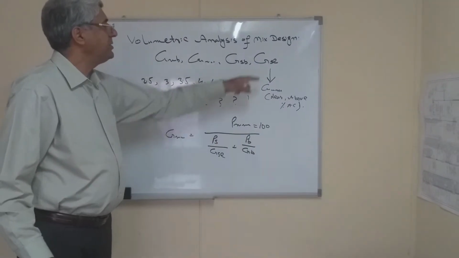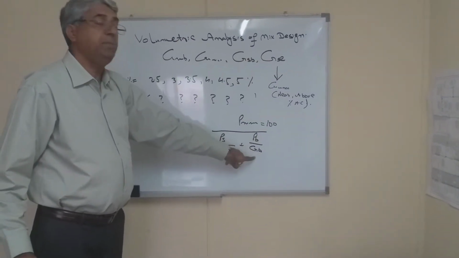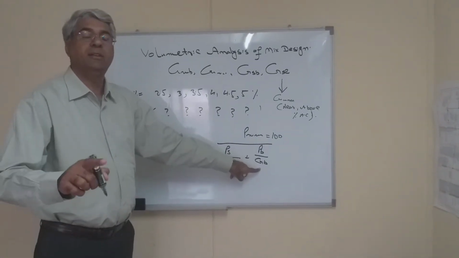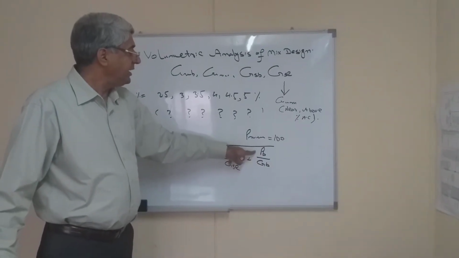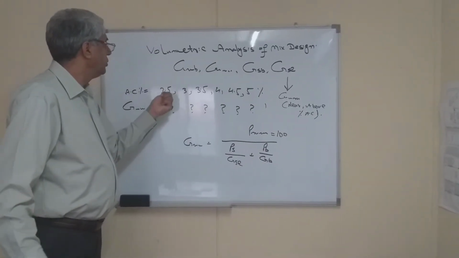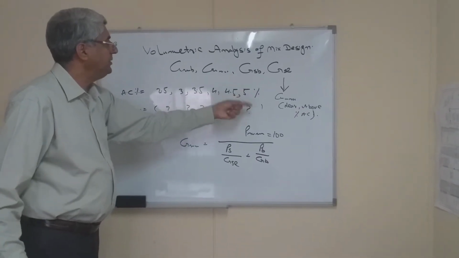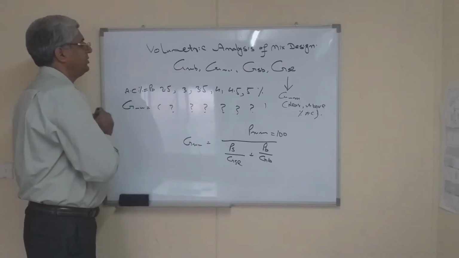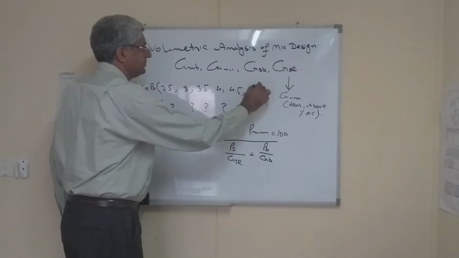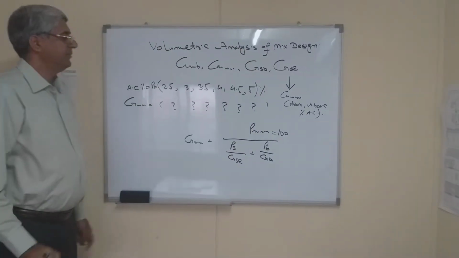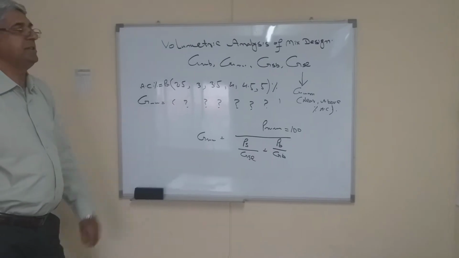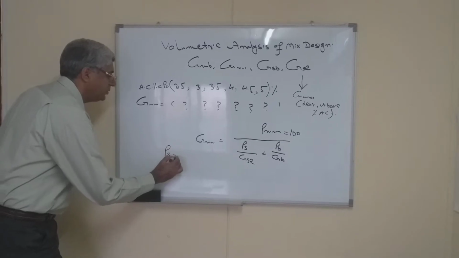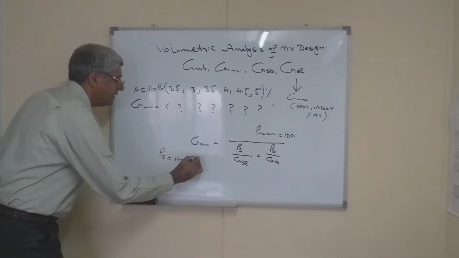This GSE, effective specific gravity, which we have determined. This GB is the specific gravity of bitumen. It is already known. The percentage of bitumen, which are given over here, 2.5, 3, 3.5, 4, 4.5 and 5, these values are the PB, percentage of bitumen. This PS is equal to 100 minus PB.